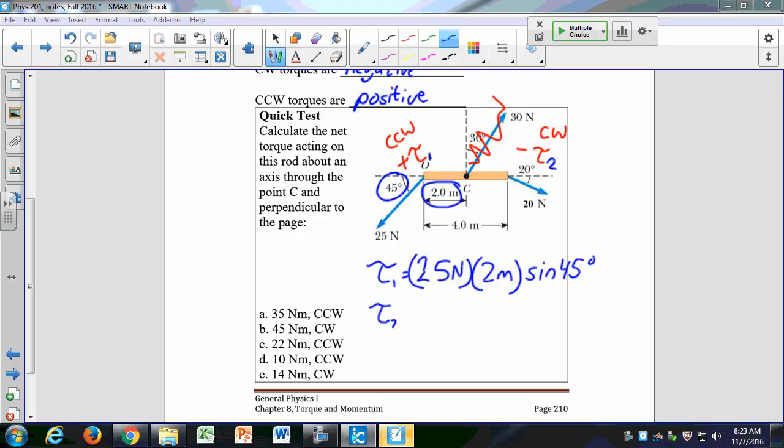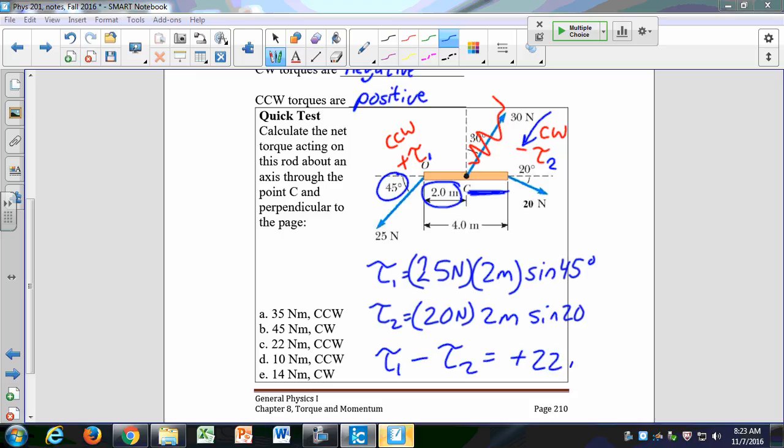And then torque 2 is equal to 20 newtons times 2 meters, because that's this distance, times sine of 20. And then if I say torque 1 minus torque 2, I'm subtracting them because of this negative, I get positive 22 newton meters. Because it's positive, that means it's counterclockwise.